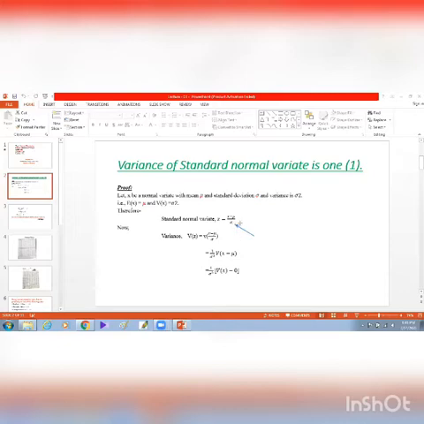Now since we have to determine the variance, we take the variance on both sides. So variance of z equals variance of x minus mu divided by sigma.